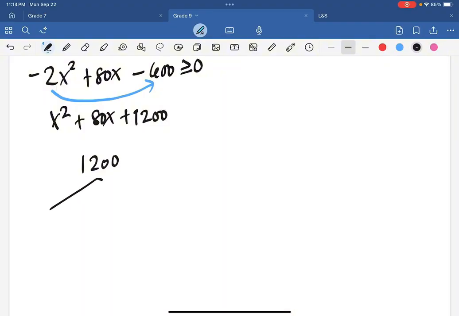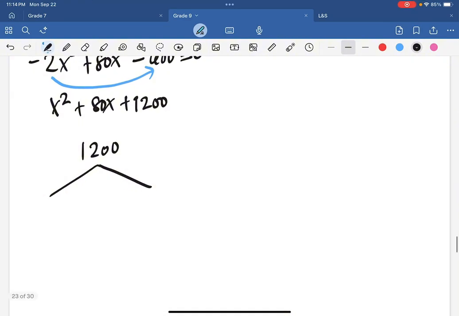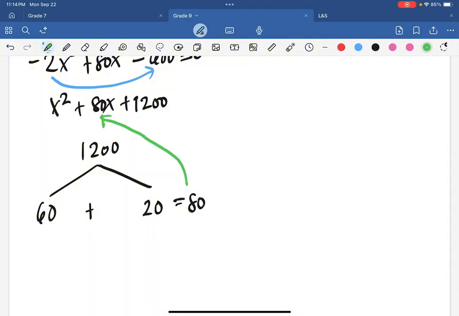So I'm gonna find numbers that would potentially get to 1200 and will eventually have my bx as 80. And with that, I'm gonna use 60 and 20 here. Since 60 plus 20 is 80, it satisfies the given bx, because 60 times 20 is 1200.